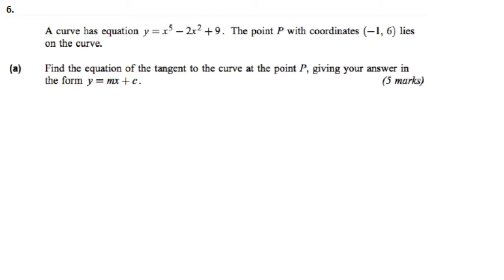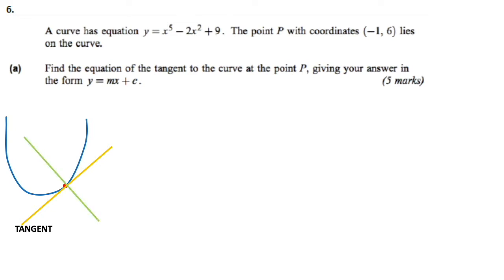Let's first of all recap what a tangent is. If you have a curve, a tangent is a straight line that touches the curve at one point. So for example, if we plot one point on the curve, this red dot here, a straight line would touch the curve at that particular point, and that would be the tangent to that curve.